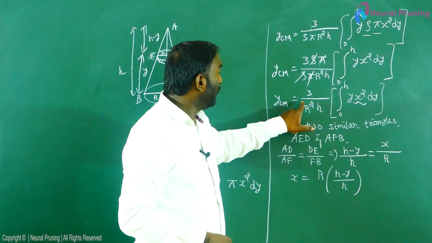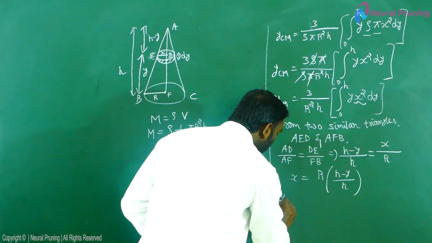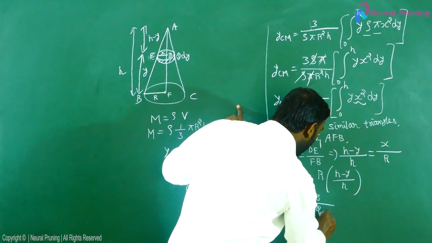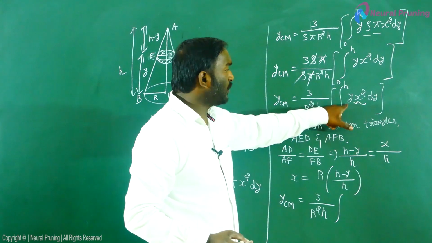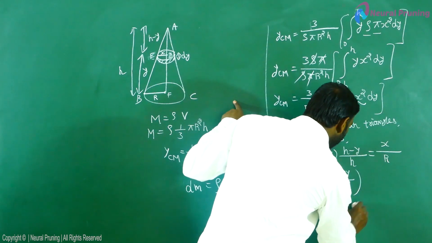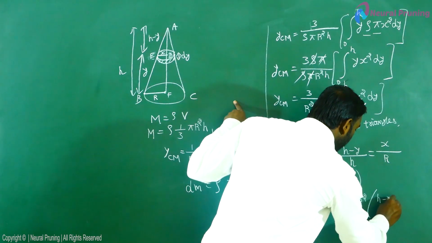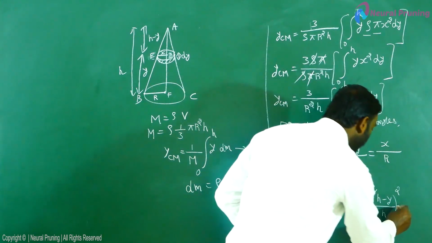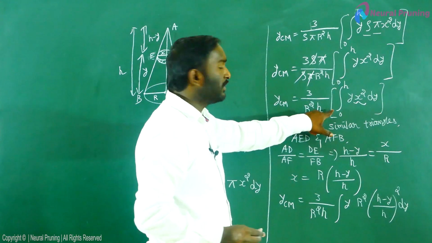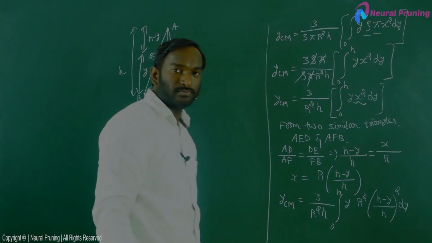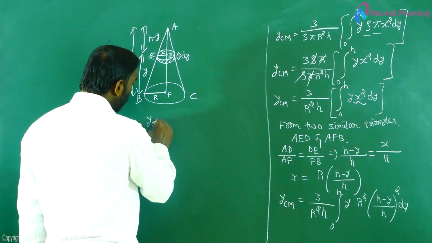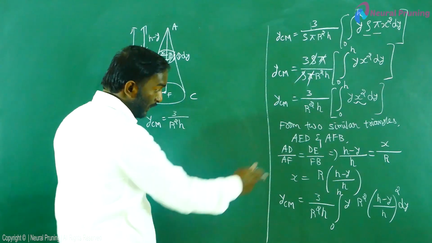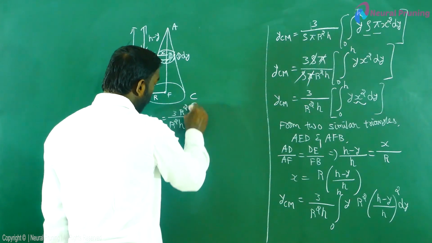Substitute this value in this equation. YCM is equal to 3 by R square H into integration of Y into X square is R square into H minus Y by H whole square into dy from 0 to H. See here, YCM is equal to 3 by R square H, and here R square is common, means it's a constant term.